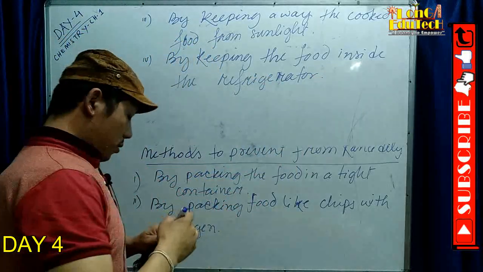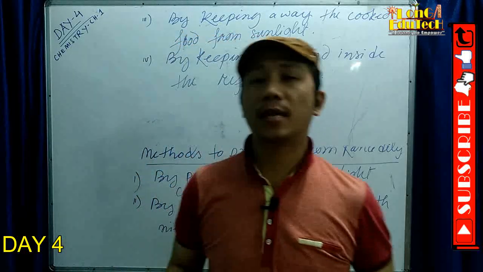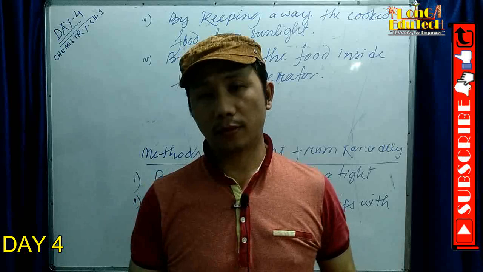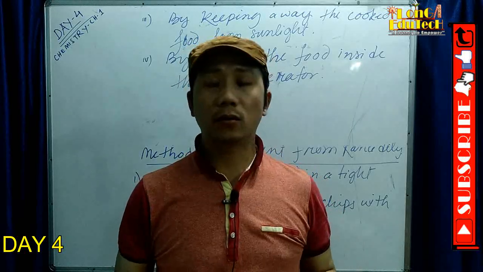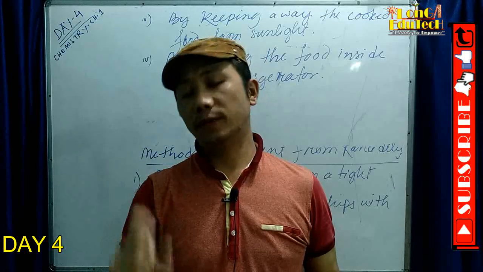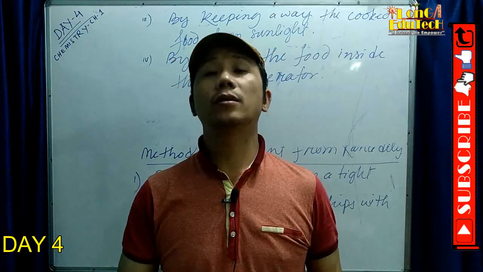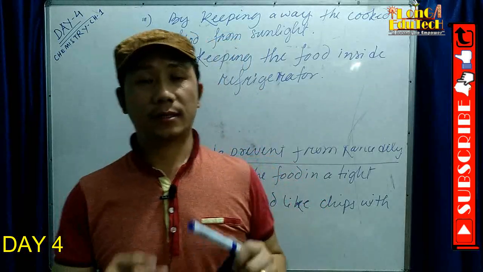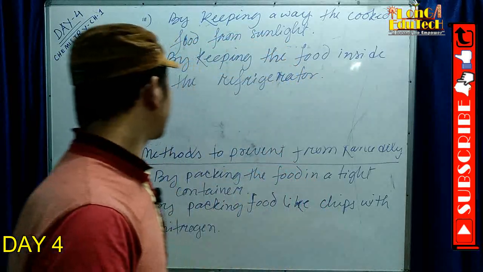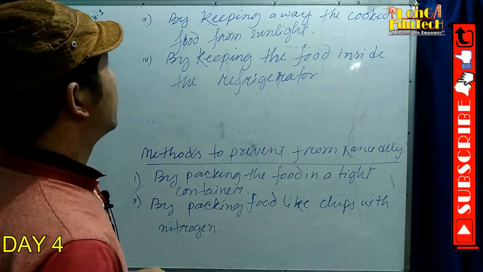So in the refrigerator we are going to decrease the temperature, right? If we keep it under low temperature, the rate of oxidation will decrease. So why does it work? This will be the answer. By keeping the food inside the refrigerator.